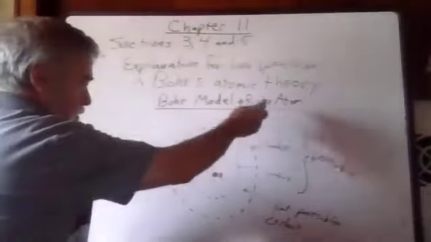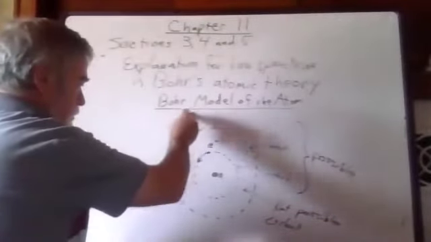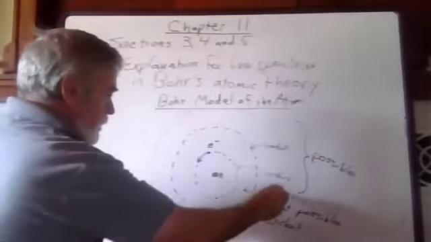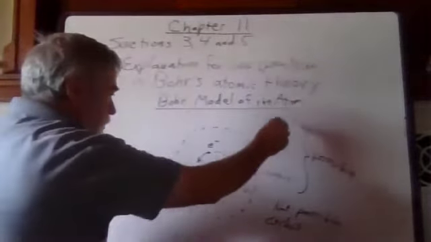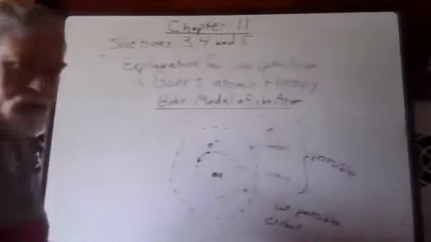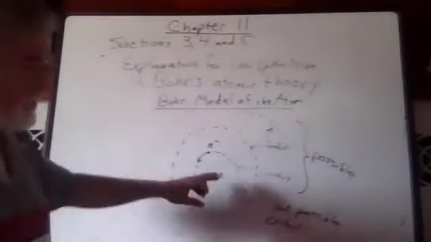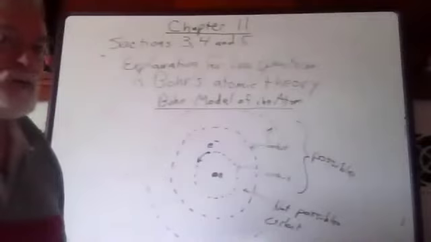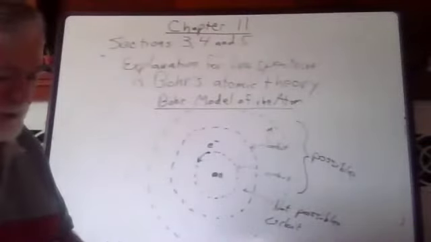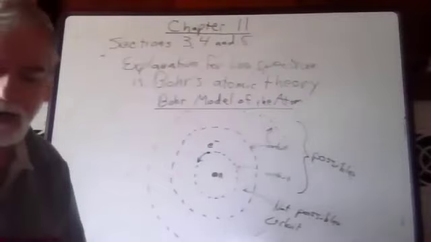There's more than those, though, because there could be an even larger radius here. Okay, and this would be another orbit. Both of those are orbits. All three of those that I drew in dotted lines are possible orbits, but you can't have anything between them, at least not in terms of the Bohr model.